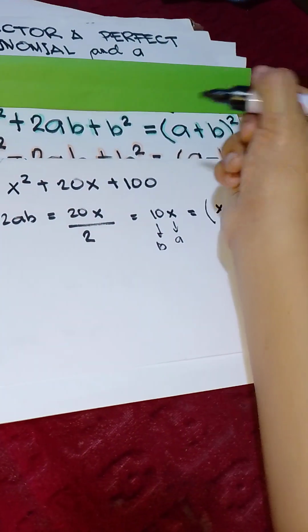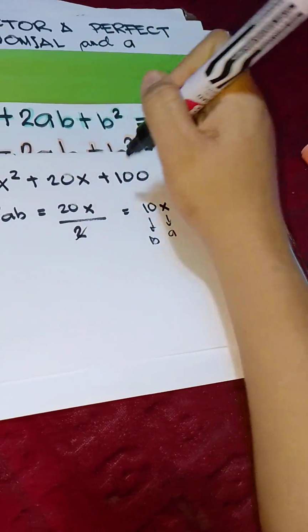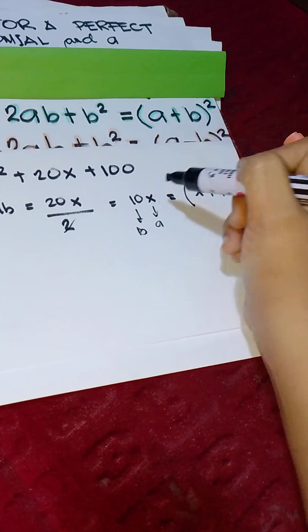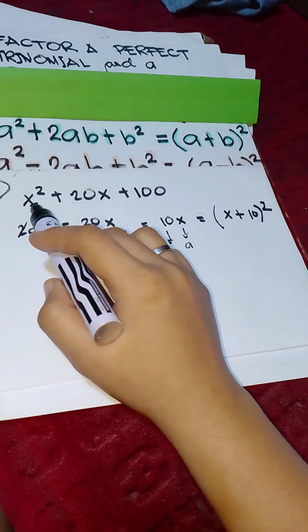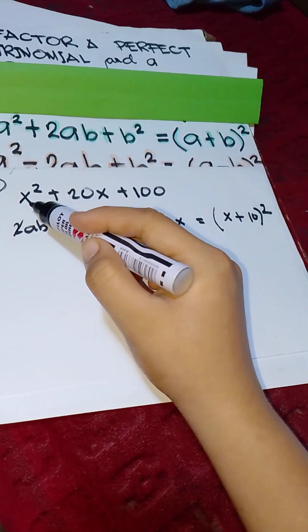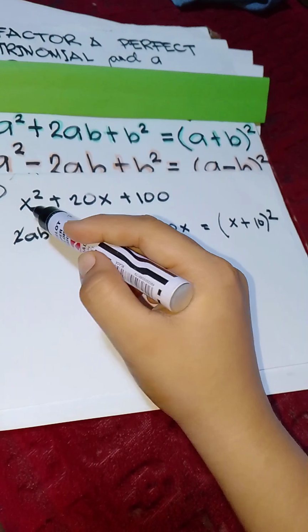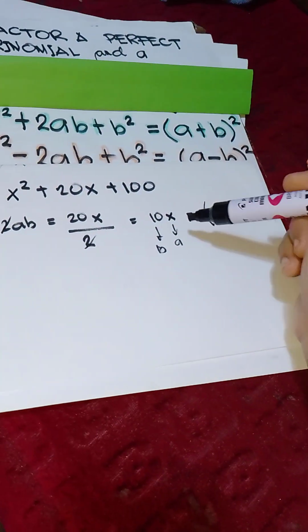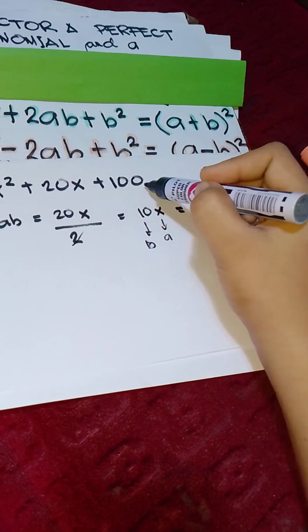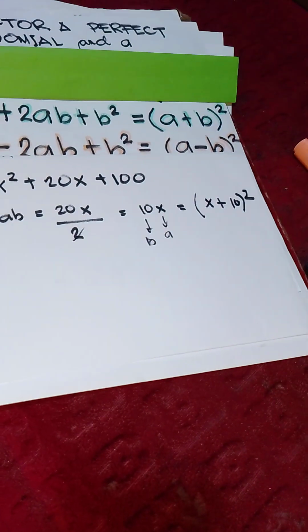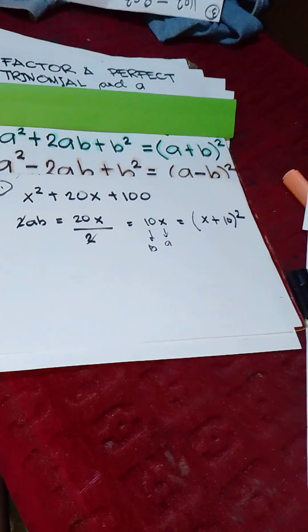We divide it by 2 to get AB. So our A is x, obviously, because A is usually the variable, and then we have B, which is our last term, and that's all.